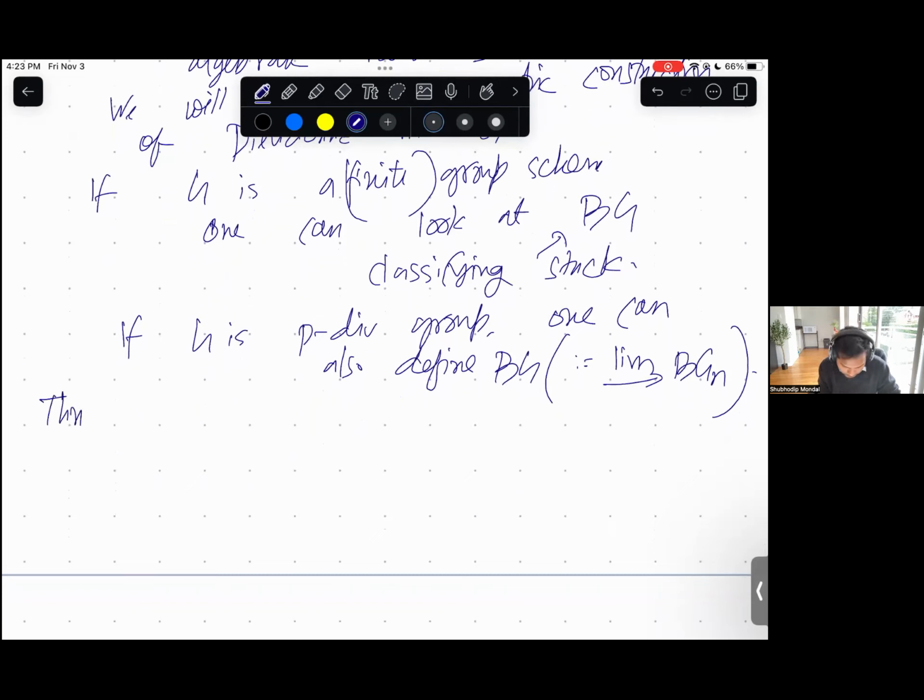Now the main result, stated in the case of a perfect field. Let k be a perfect field.